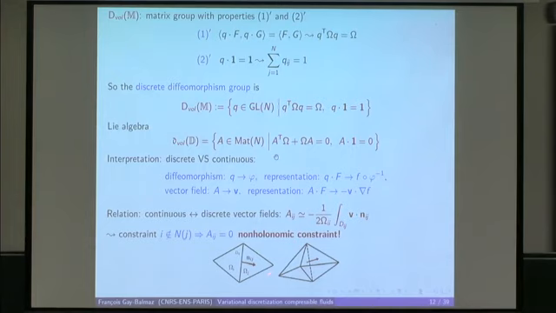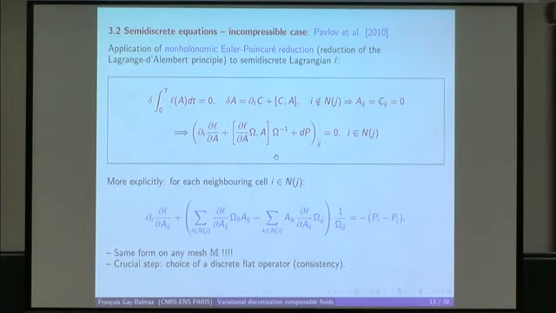So from the point of view of geometry, this means that we have a non-holonomic constraint because not all the Lie algebra elements correspond to physical velocities. But for us, it's no problem. We know how to treat non-holonomic constraints in the variational principle. So we apply non-holonomic Euler-Poincaré reduction.